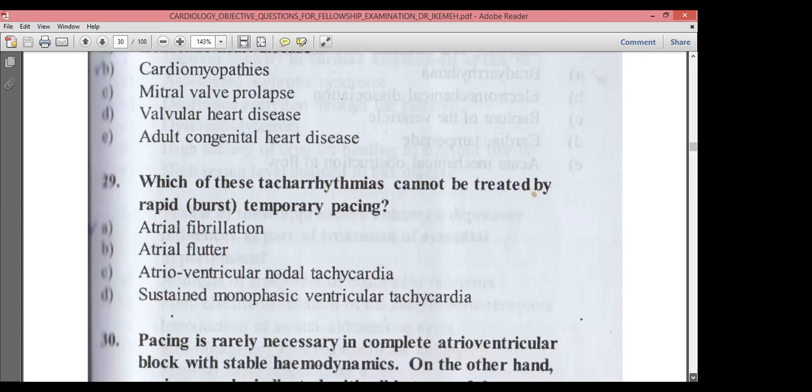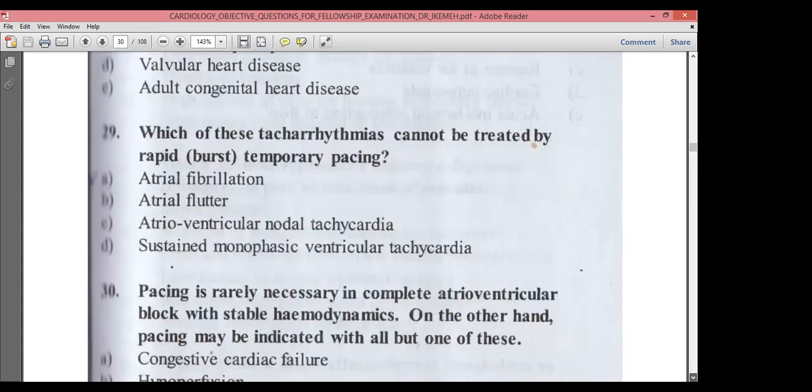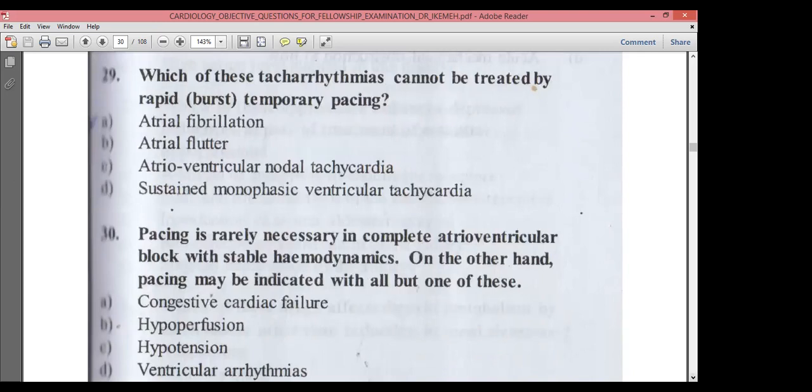Okay. 30. Pacing is rarely necessary in complete AV block with stable hemodynamics. On the other hand, pacing may be indicated with all but one of these. Sincerely speaking, I didn't understand this question, in the sense that from the guidelines, complete AV block, whether symptomatic or not symptomatic, is an indication for pacing.